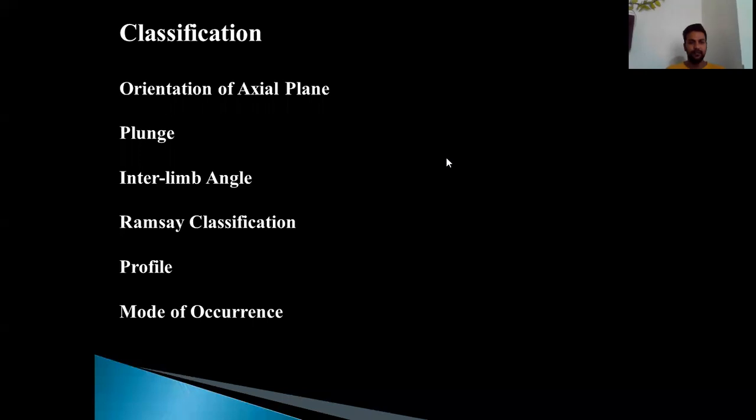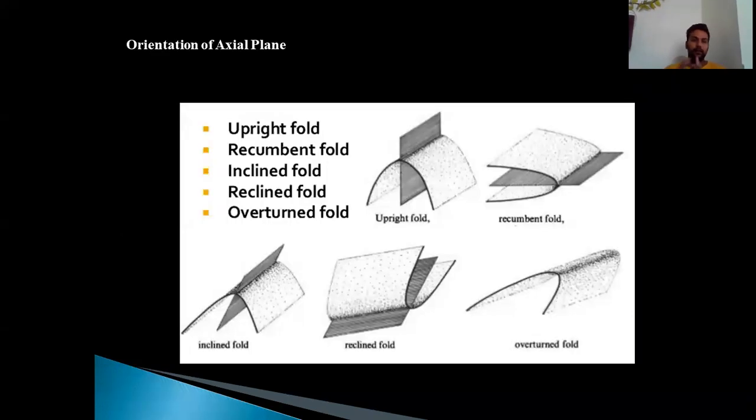So let us discuss the first, on the basis of orientation of axial plane. On the basis of the orientation of axial plane, you can get these 5 kinds of folds. Let us discuss them. The first is the upright fold.